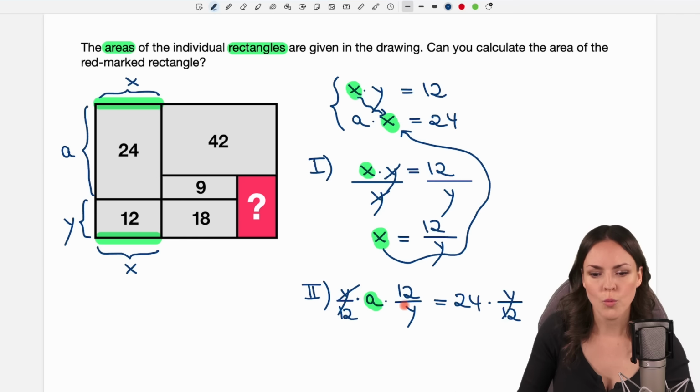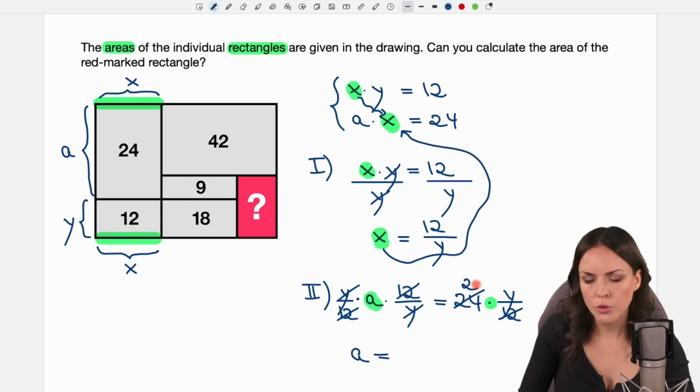Like this. This y cancels out, the 12 cancels out, and only the a is left. And on the other side, if we multiply here and make the calculation of 24 over 12, which equals 2, we have 2 times y as a result for our a.